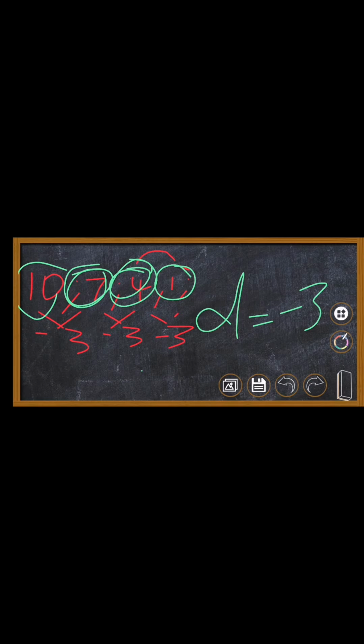We can see that D is constant because every time you take a term and subtract the previous term, you always get negative 3. That's why it's a constant difference. And in general, we define the constant difference by saying D is equal to Tn minus Tn minus 1.